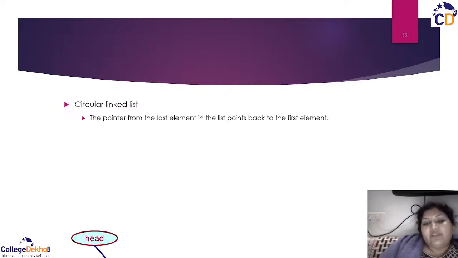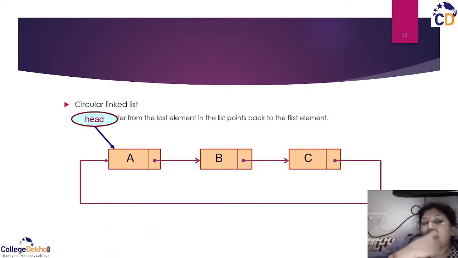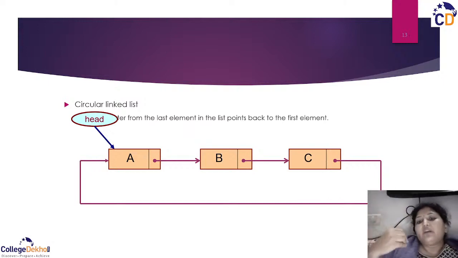Whereas when we have a circular linked list, the first element remains the same, like you have head, or start, you can assign any name to it. The last element will be holding the address of the first node in the list. That's why it makes a circular path between the number of elements.